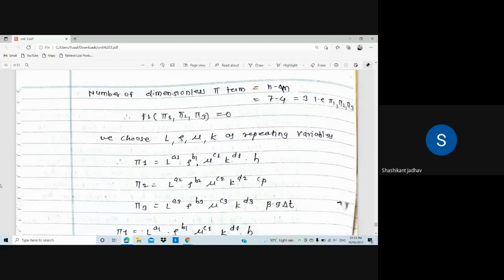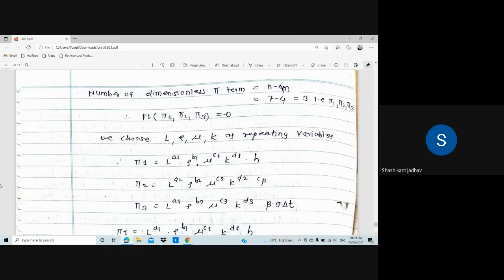Okay, then next step, number of dimensionless terms, that is pi terms. How to calculate that? N minus m. So the number of dimensionless terms is equal to n minus m.